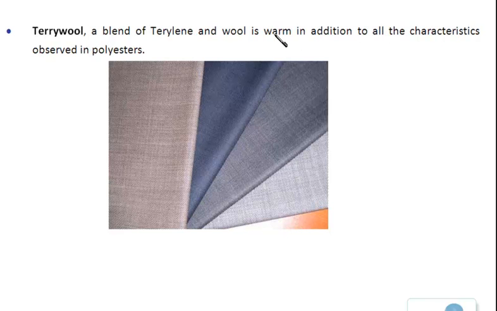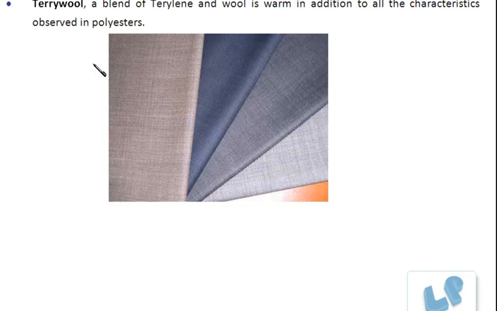So it is warm in addition to all the characteristics observed in polyesters. So it is again resistant to chemicals. It is warm also. Why? Because it is mixed with wool. So these fabrics are used for making coats, right? For making blazers. These fabrics are warm, as well as they have the properties of Terylene.